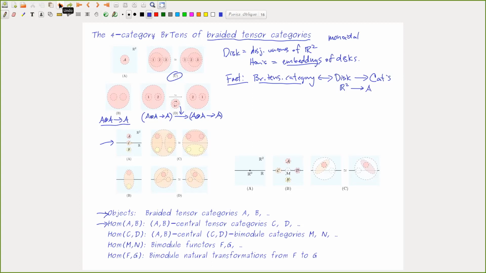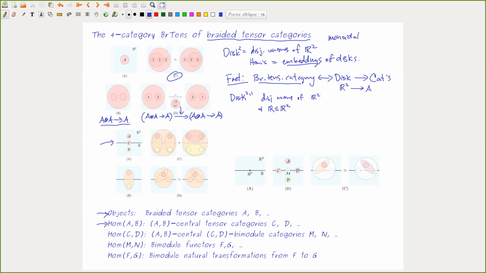And so we can form a new category, maybe I'll say disk. So if this was disk 2, maybe this is disk 2,1. And here we have disjoint unions of R2 and this other disk, which is R sitting inside of R2.